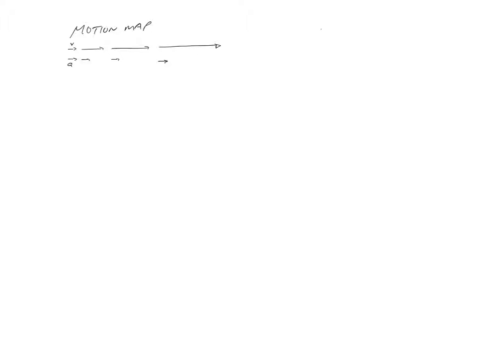In words, a description would be: the object starts, I'll make it simple, from rest. Problems like to say that. People like to say that a lot. And uniformly accelerates.